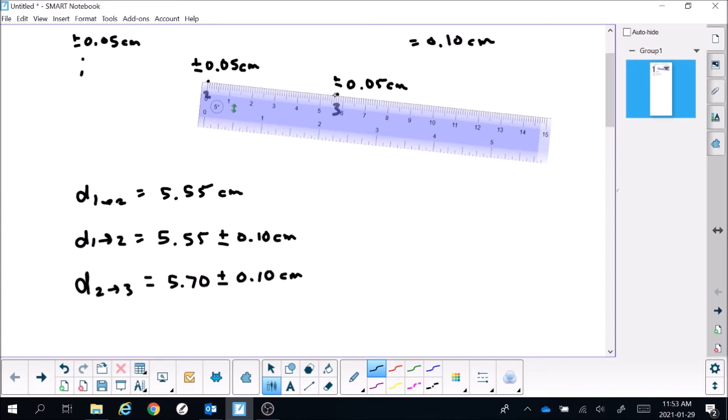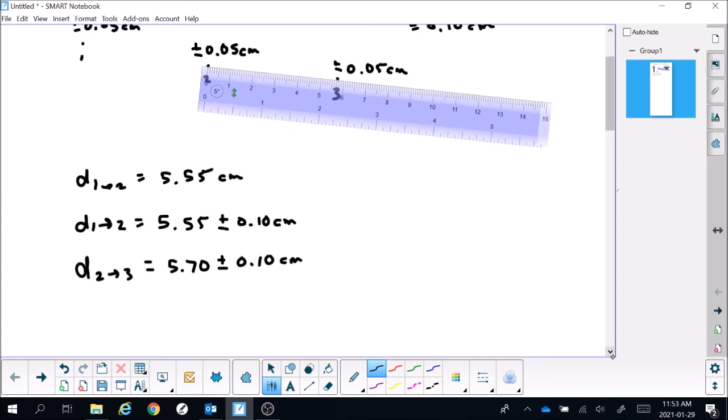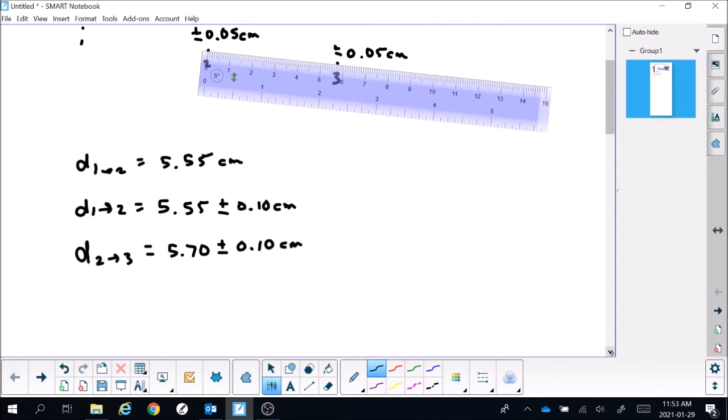Now, we want to know what the distance from 1 to 3 is. Well, we simply add the magnitude of 5.55 plus 5.70 to figure out that my total distance is 11.25 centimeters. And then I have to add together the two uncertainties from my two measurements. So that'd be 0.1 plus 0.1, giving me an uncertainty of 0.20 centimeters.